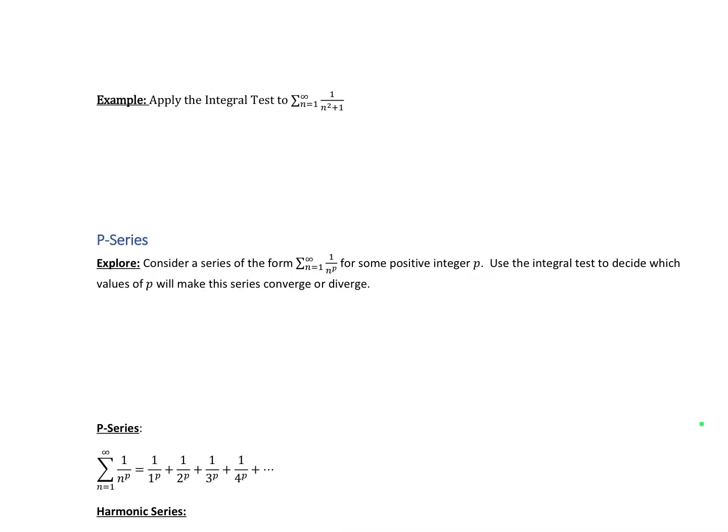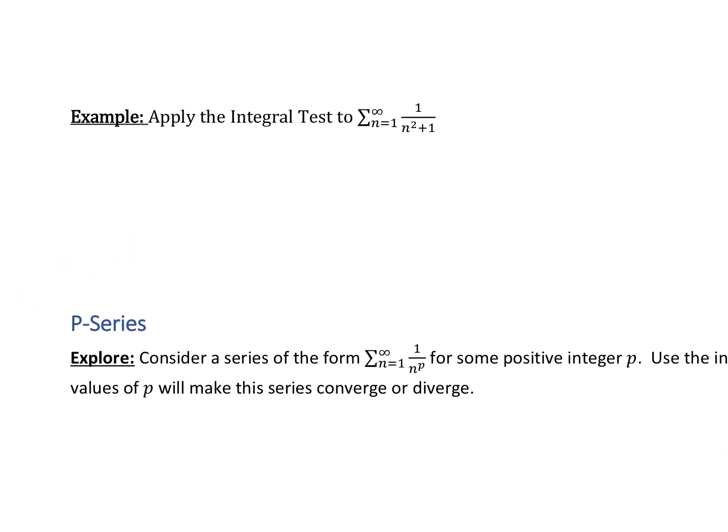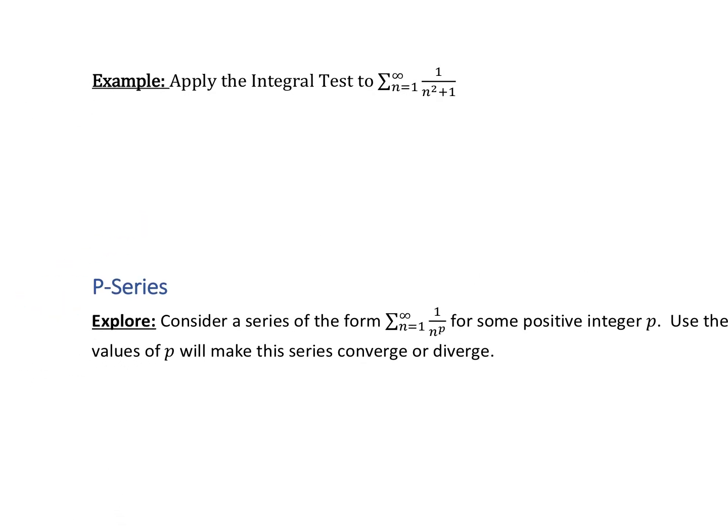All right, let's try another one. You may want to pause it and try the integral test on this. So let's look at the function here, f of x. f of x is 1 over x squared plus 1. And we've got to ask ourselves, is this always positive for x greater than or equal to 1?